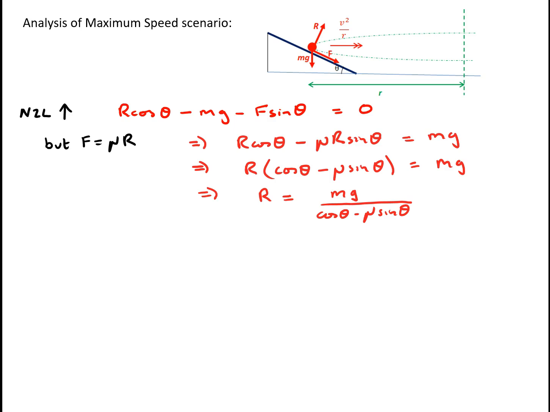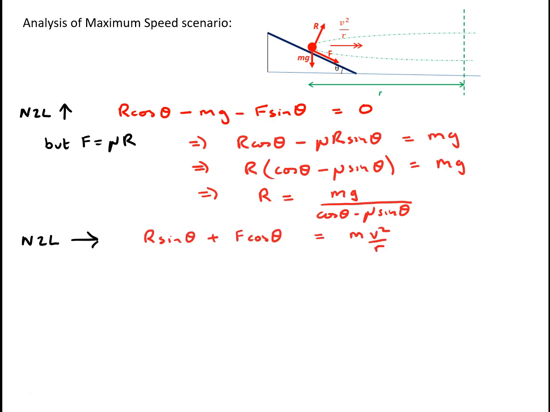Applying Newton's second law towards the centre of the circle, we've now got the horizontal component of r, which is r sine theta, plus the horizontal component of f, which is f cos theta, must equal the mass times the acceleration, which is m times v squared divided by the radius.